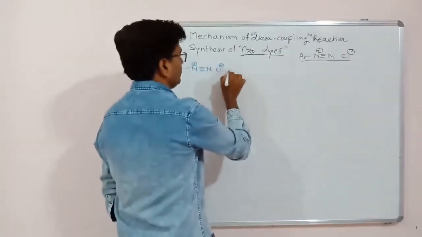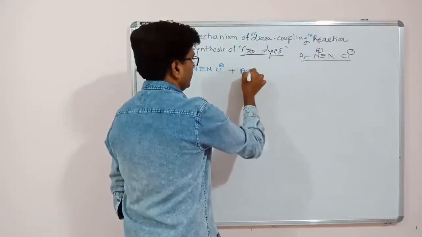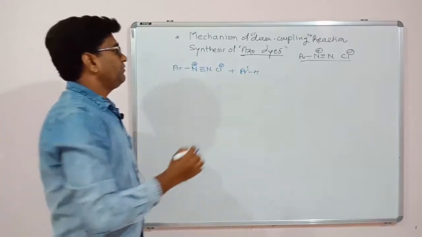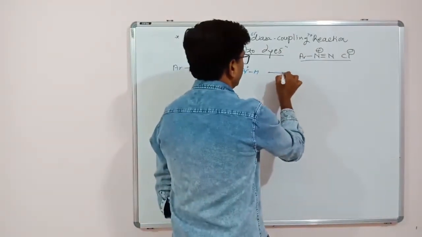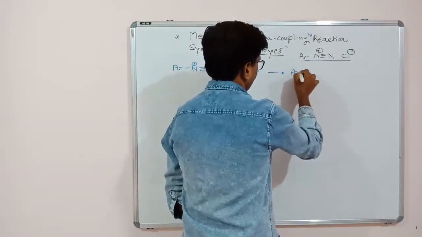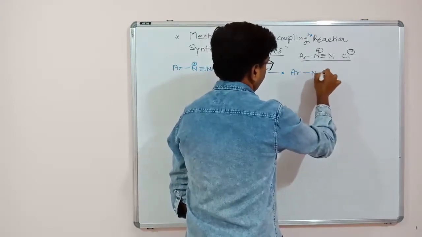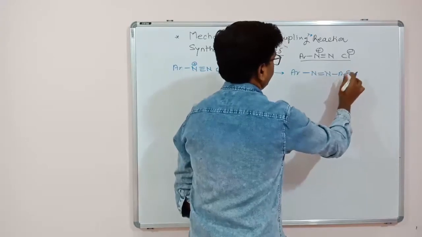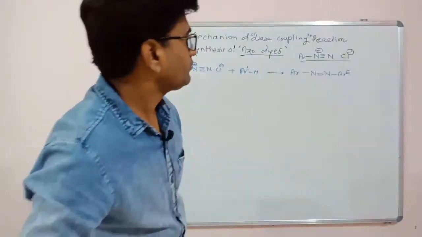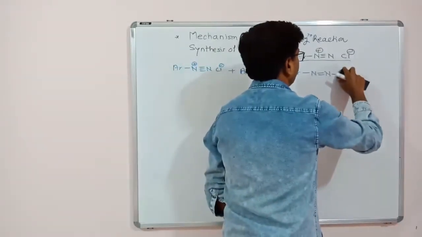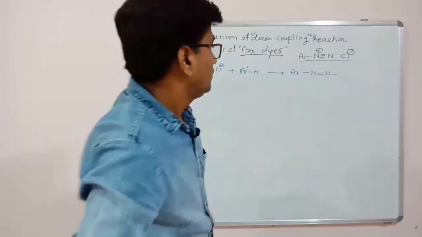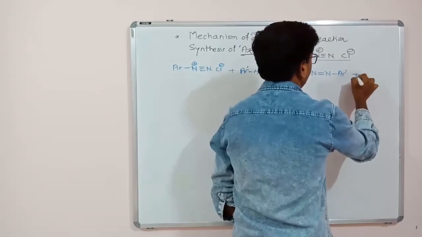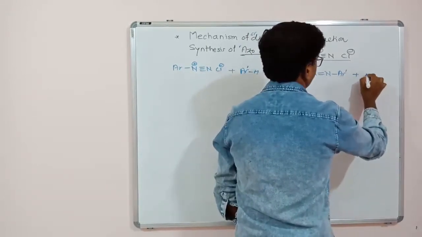If this reacts with any Ar' H, what will happen? We will get a product like Ar-N=N-Ar', where this is another ring, and the byproduct is HCl.